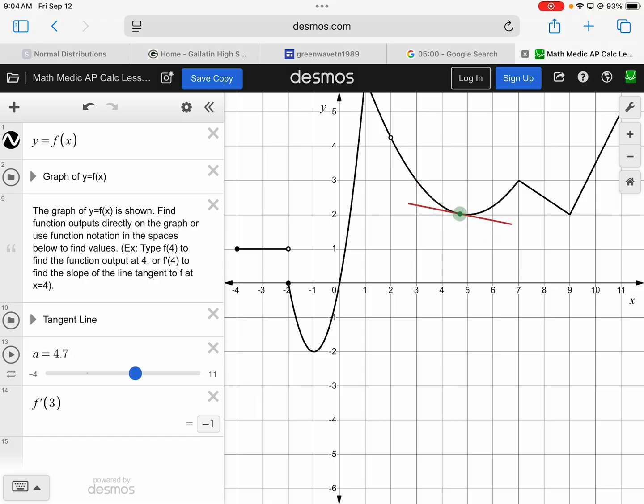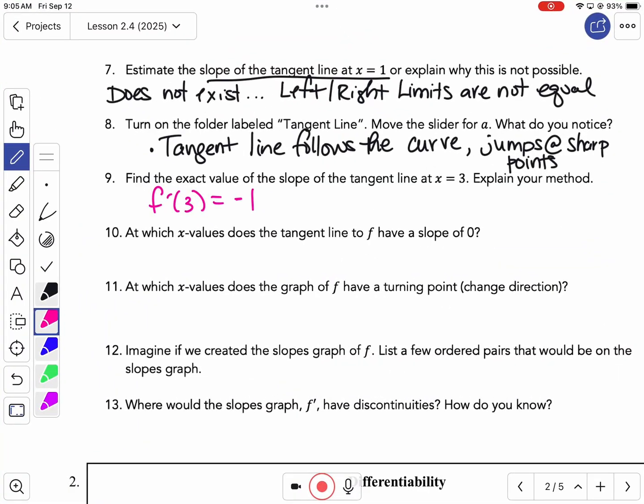At 5 maybe. Yep, we're looking at the x value. Looks like we got a slope of 0. So x equal to negative 1 and x equal to 5, because our tangent line is horizontal.